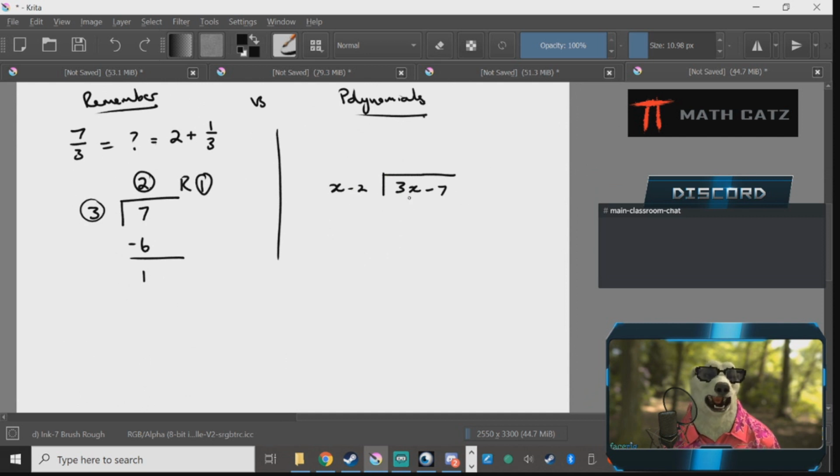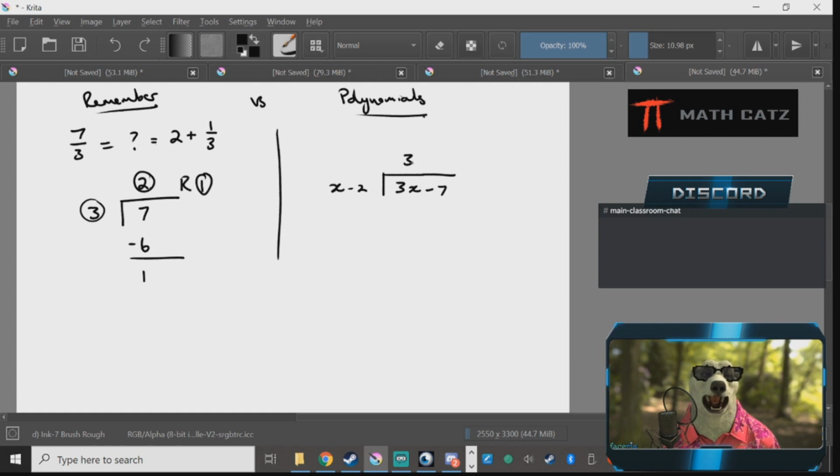We have multiple terms, so there's a slight adjustment. So what I'm going to do is first compare leading terms when I ask the next question. 3 goes into 7 how many times? x goes into 3x how many times? x goes into 3x 3 times.